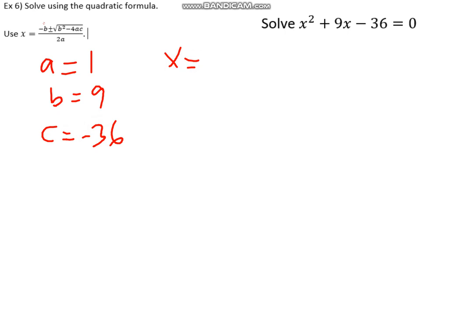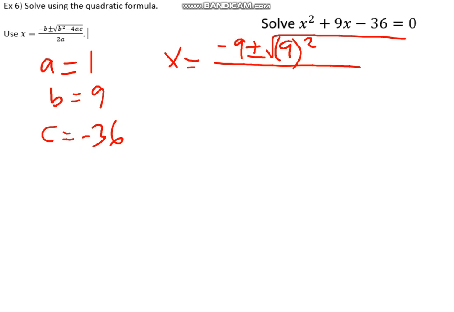Negative b, that's negative 9, plus or minus the square root of b squared, which is 9 squared, minus 4 times a times c, 4 times 1 times negative 36, over 2 times a, which is 1.